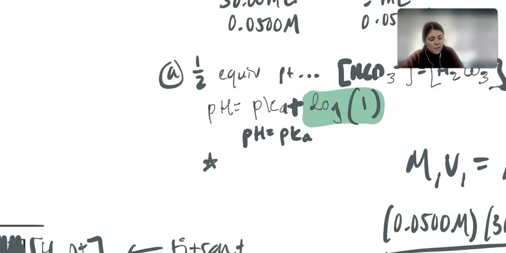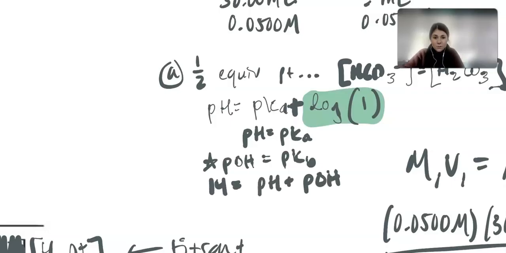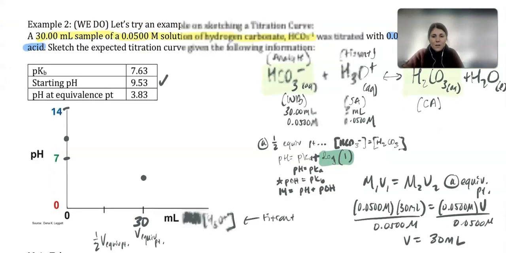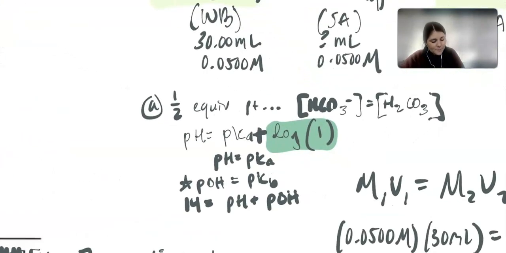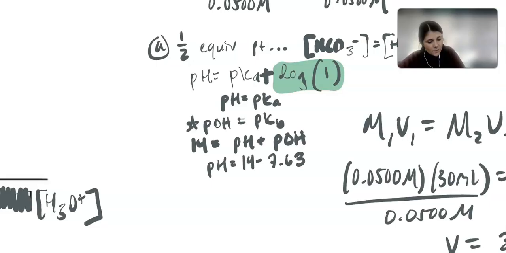Or you can just think of it as, well, if pOH equals pKb, 14 equals pH plus pOH. So here, if I know pKb is 7.63, I can solve for pH. So pH is 14 minus the 7.63, and I get pH as 6.36.